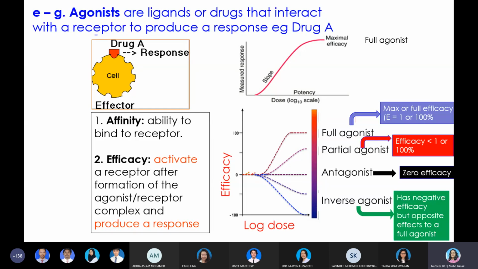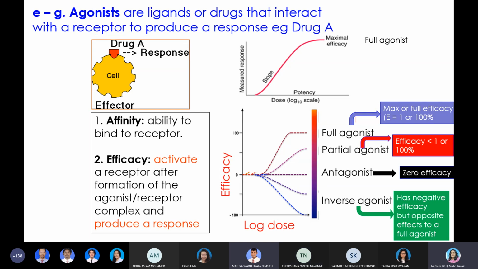Professor? Yes, go ahead. Are there drugs that act as full agonists, or is that a theoretical concept? No, it's not theoretical.